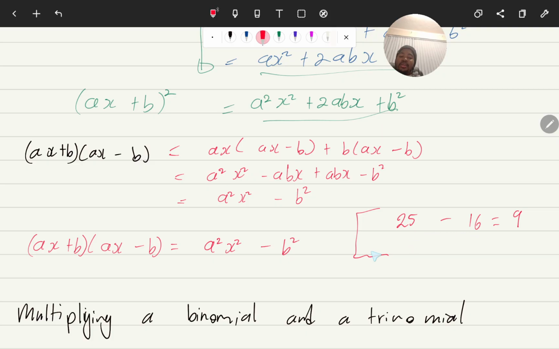But since these two, they are difference of two squares, this is 5 squared minus 4 squared, right? Difference of two squares. So basically here is the same as having 5 minus 4, and then having 5 plus 4.